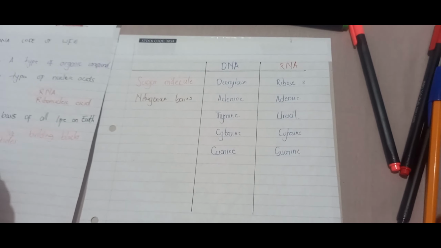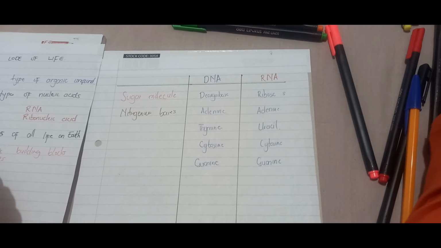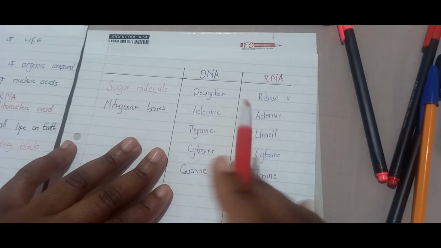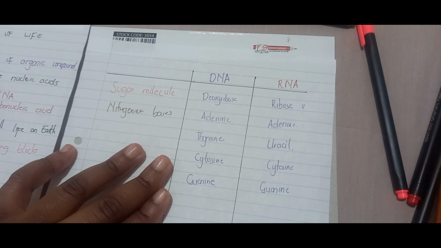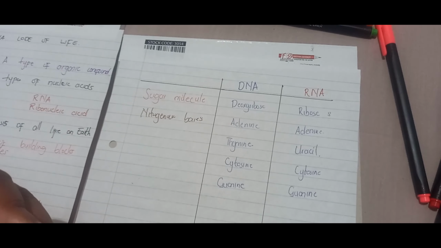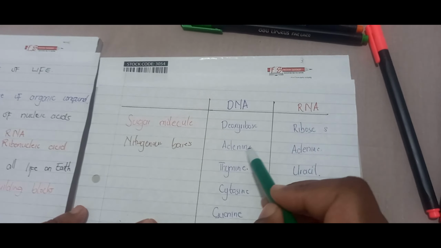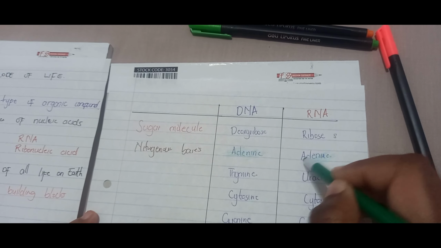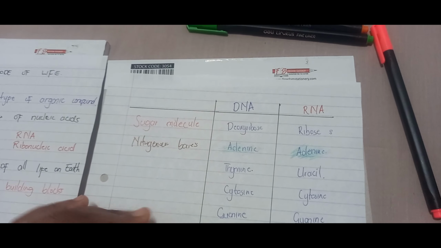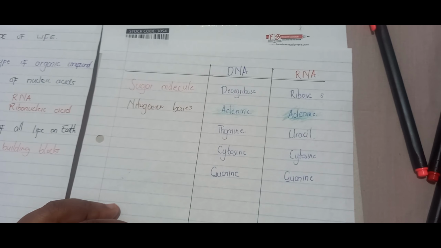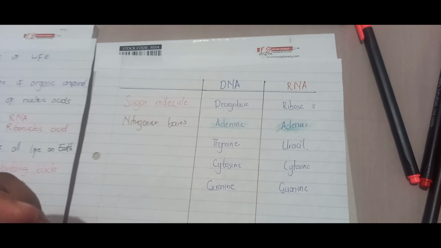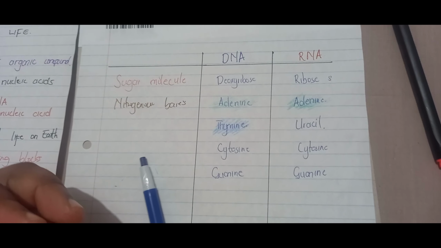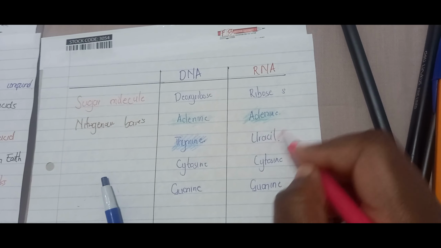Okay, so let's go through that. I'm going to be using colors to emphasize the differences and the similarities. DNA and RNA have the first nitrogenous base similar, which is adenine. So I'm going to use the green for that one. It's the same, not a problem. The second one that they have different is that DNA has thymine, whereas RNA has uracil.